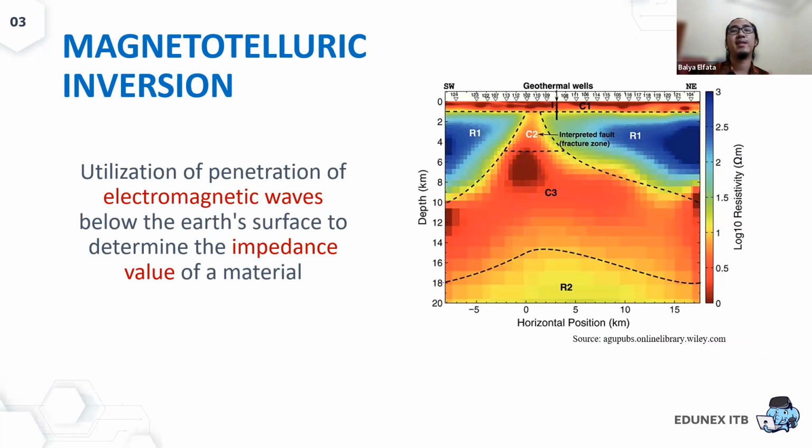And for magnetotelluric inversion, for those who don't know, the simple explanation is the utilization of the penetration of electromagnetic waves below the Earth's surface. We shoot them down to the Earth's surface to determine the impedance of a material, where the material here is the Earth's layers from underground, which may be rocks, soil, water, or oil.